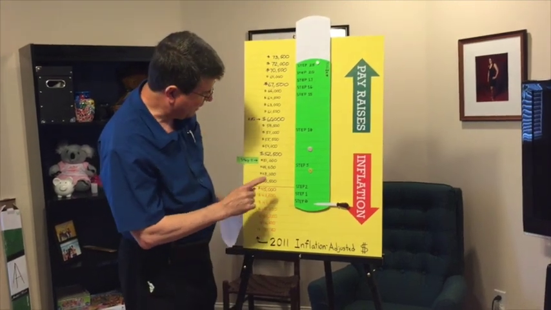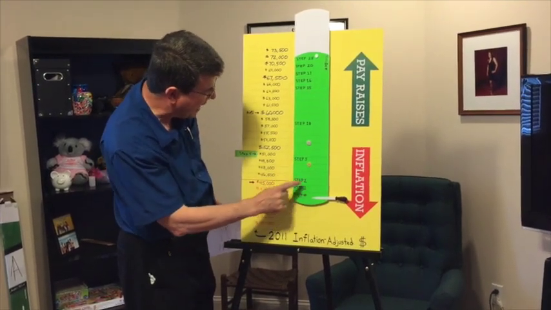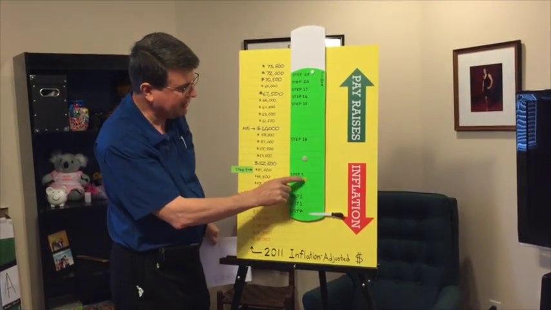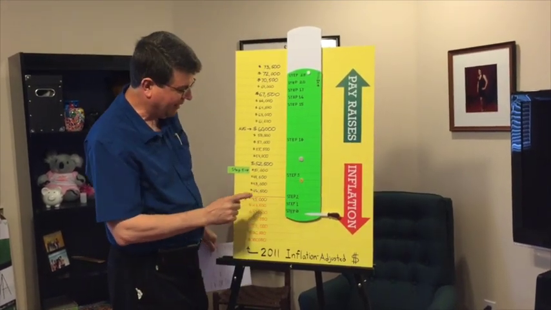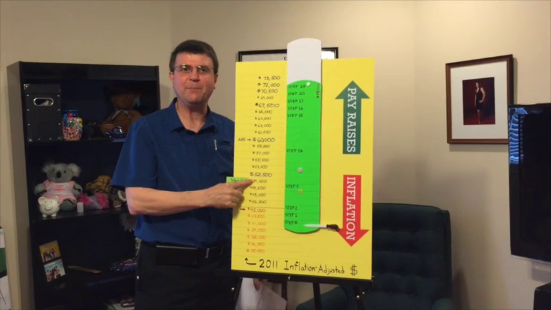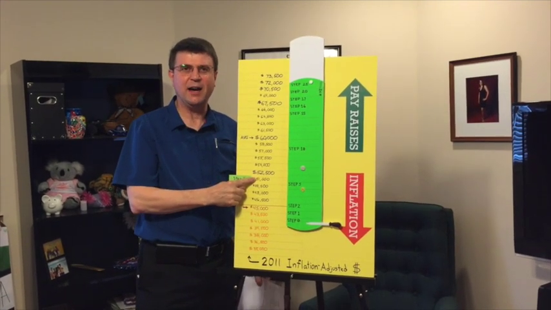So, however, remember when the new hire was first hired, they were looking forward to reaching step 4 when they would have $51,000 worth of buying power in 2011 dollars.